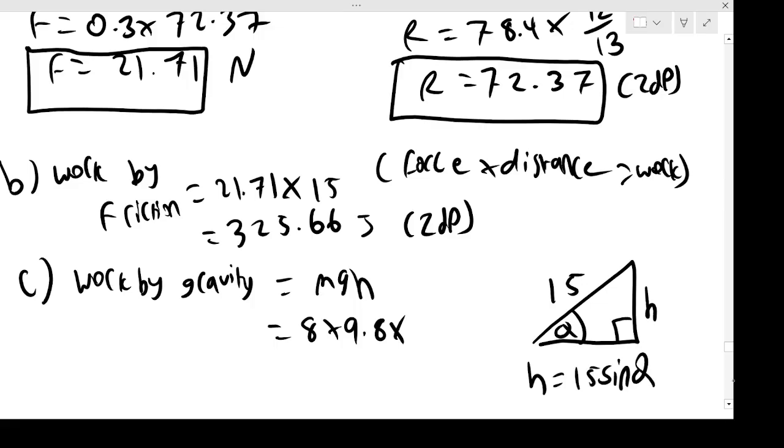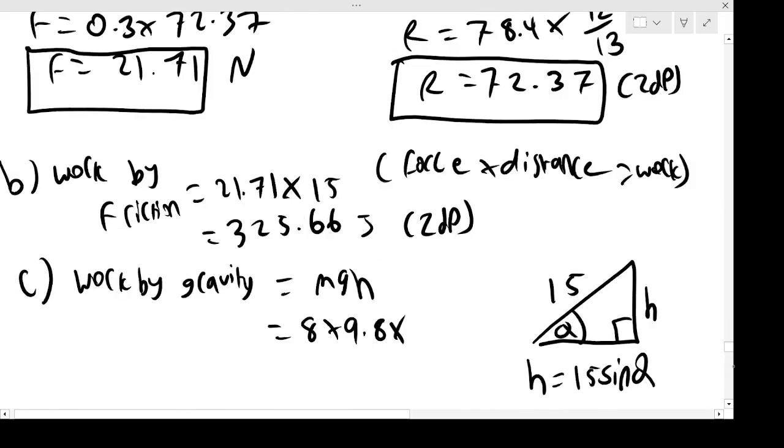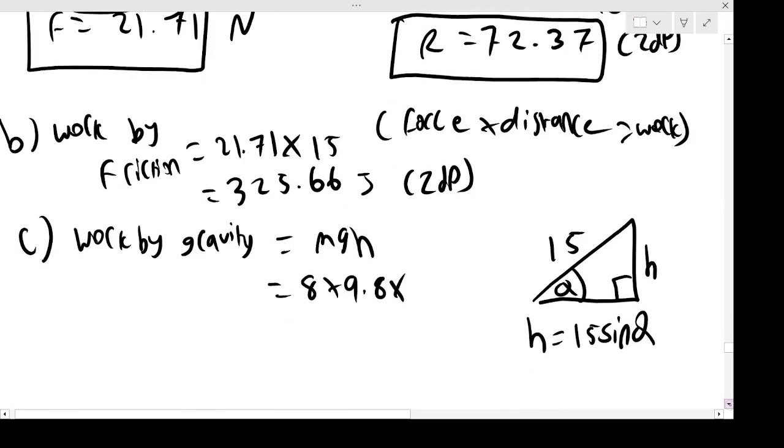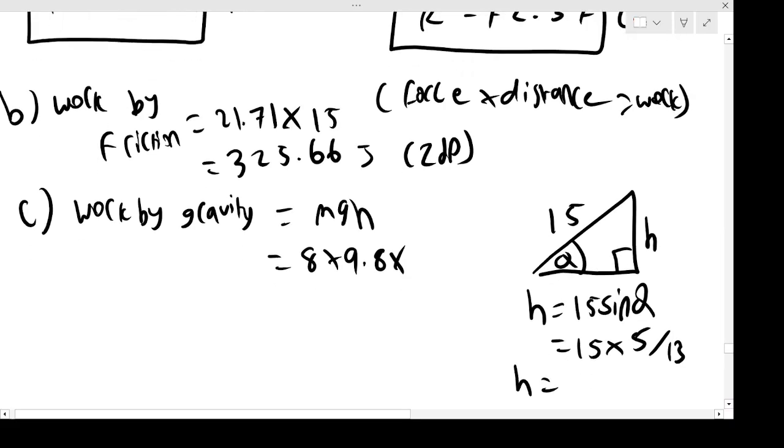Now we know what sine alpha is. Sine alpha, we're told, is 5 over 13. So simply the height travelled is 15 times 5 over 13, and that will get me the vertical height to be 5.77 meters.